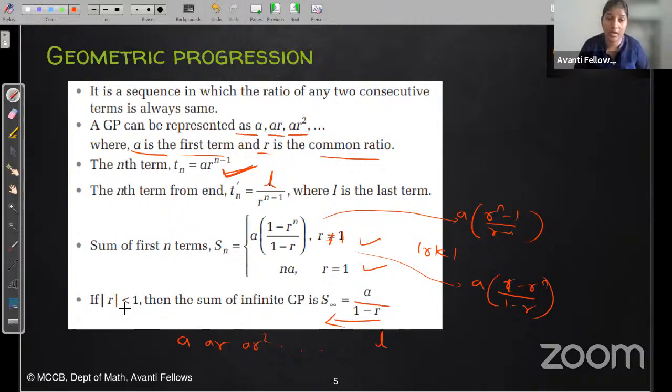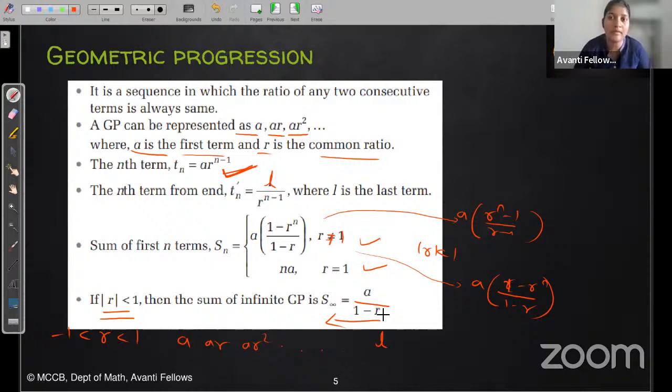And if mod r is less than 1, we can find the sum of this GP up to infinite terms. We can find the sum of this GP up to infinite terms only if mod r is less than 1. That is r lying between minus 1 and 1. And that is given by a divided by (1 minus r).